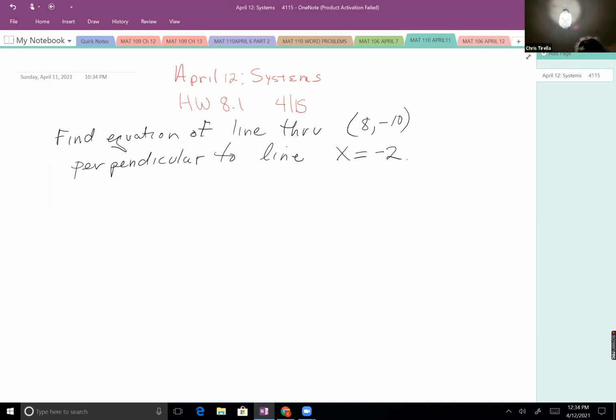And it threw me how many people started trying to use the point slope formula with a slope of -2.